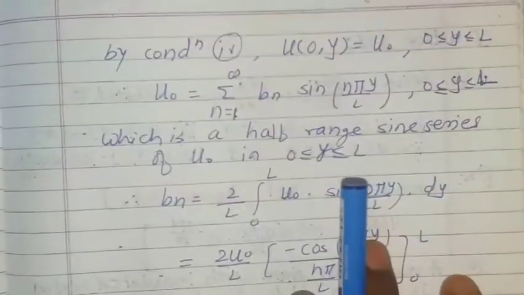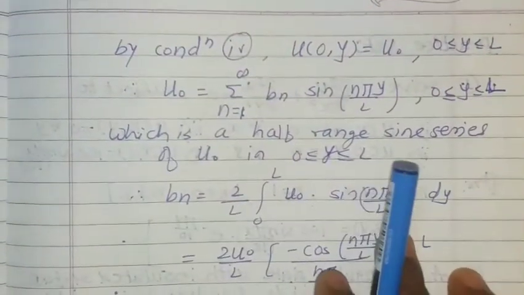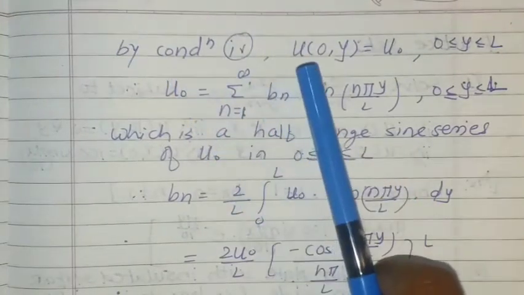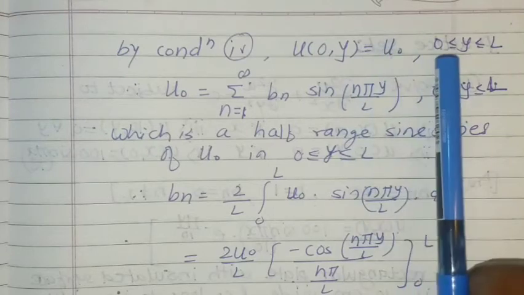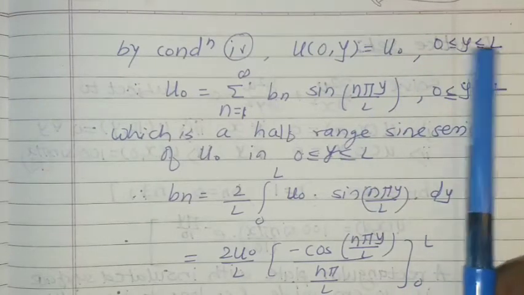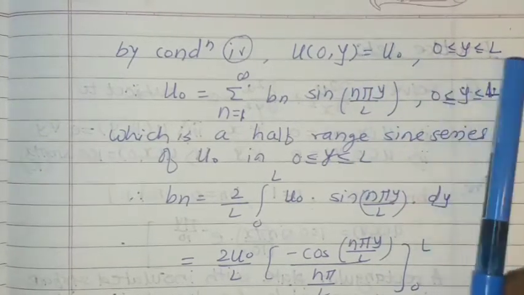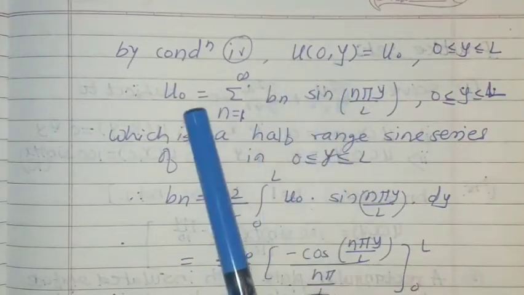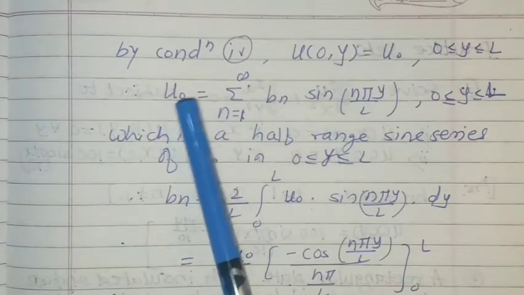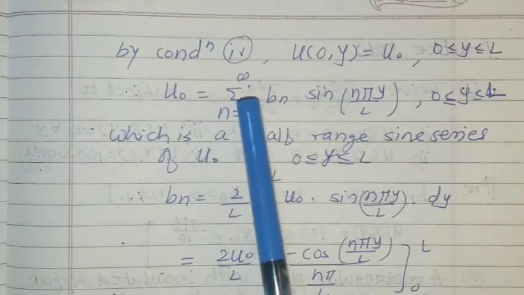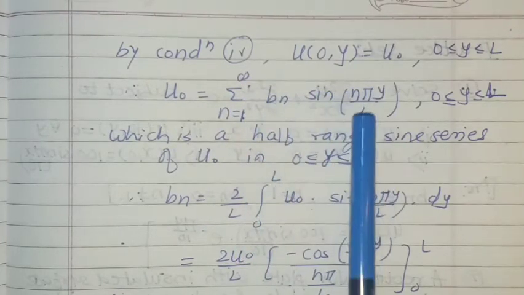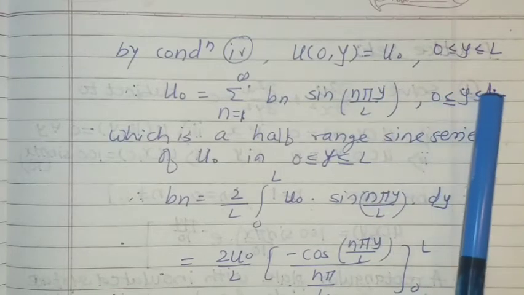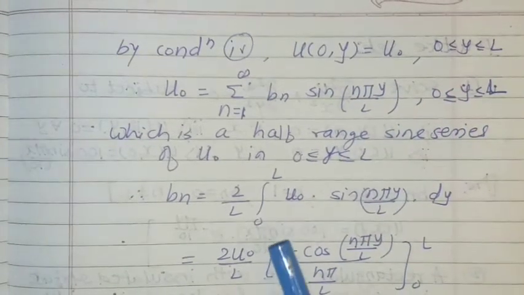For that I am applying condition number 4, which is the last condition. It is given as u of 0 comma y equal to u0, which is a constant value, for 0 less than y less than or equal to l. Y is in the interval 0 to l. So if you put x equal to 0 in the above equation, u0 equals summation n from 1 to infinity of bn sin n pi y by l for 0 less than or equal to y less than or equal to l, because e raised to 0 is 1.